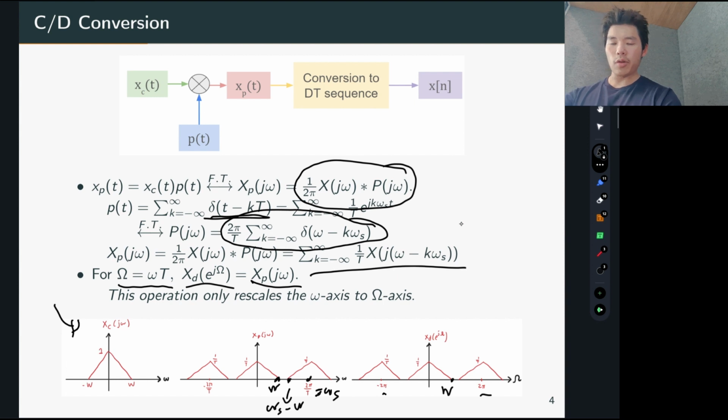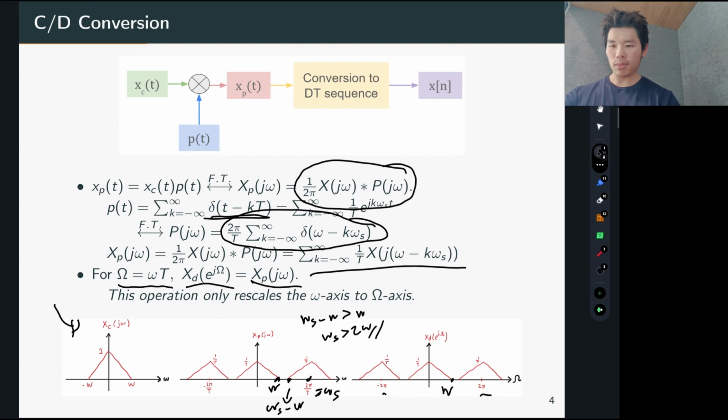And so to avoid aliasing, not overlapping, we require that ω_s minus W is greater than W, and hence ω_s is greater than 2 times W. And this is exactly the Nyquist rate. So we derived the Nyquist rate from this diagram.